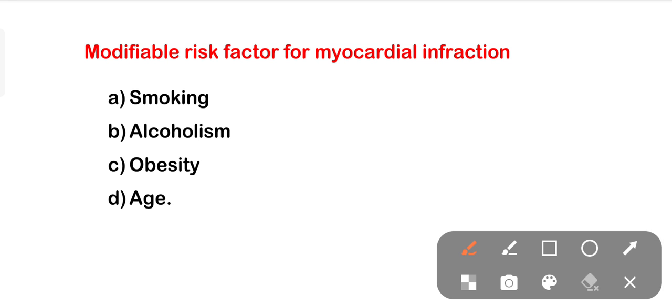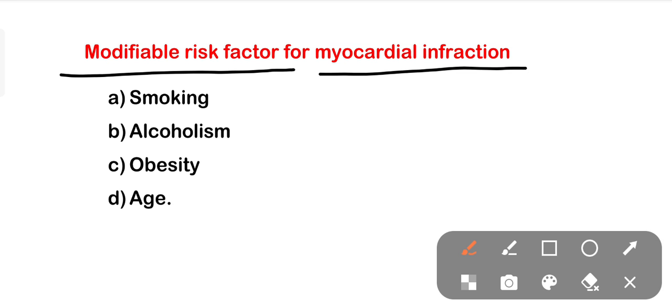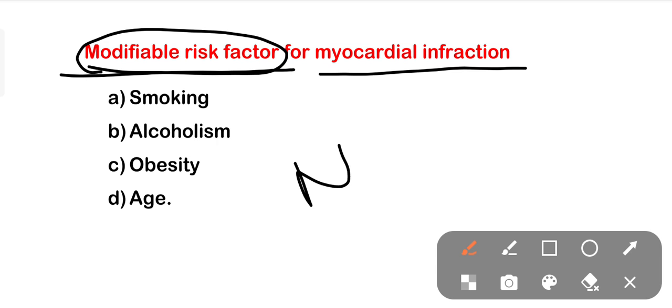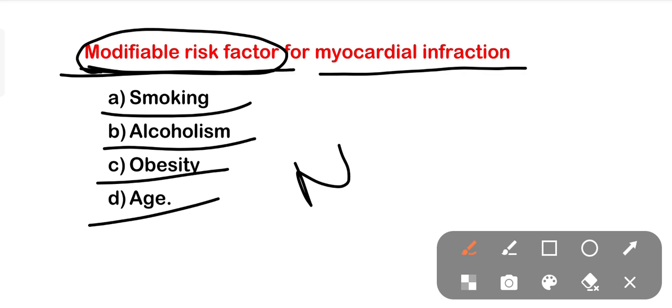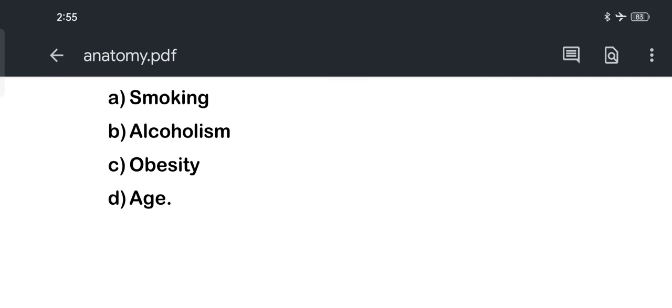The next one is a modifiable risk factor for myocardial infarction. Modifiable risk factor is nothing but something we can change. Non-modifiable is nothing but something we cannot change. So here I am asking modifiable. Options are smoking, alcoholism, obesity, and age. Sorry, age is non-modifiable.